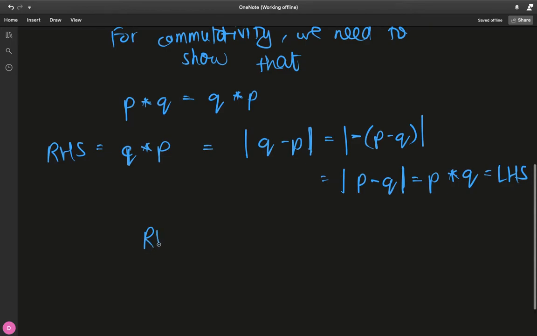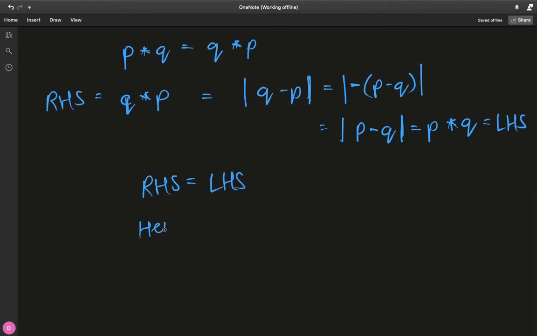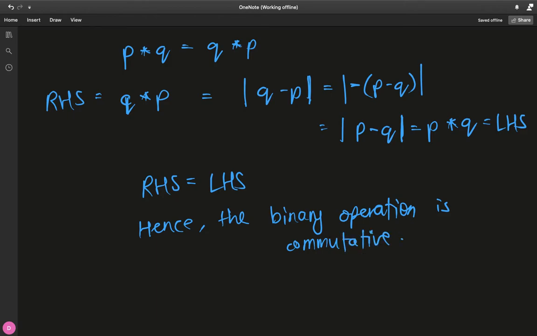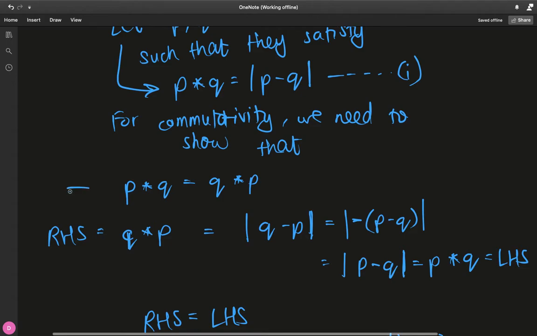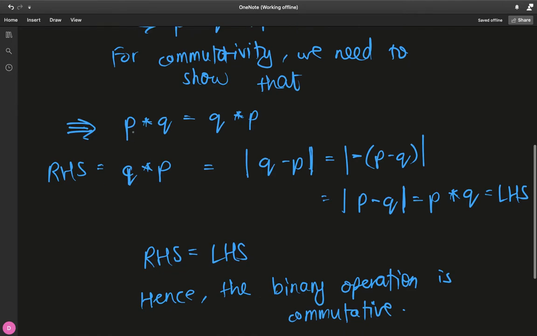So RHS is equal to LHS. Hence, the binary operation is commutative, because it satisfies this. That's why.